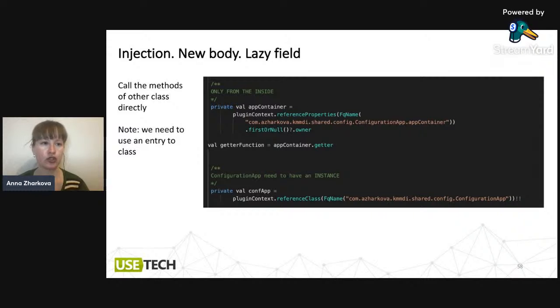So we could use just some kind of getter because we are inside, and this getter will be used as a receiver of our function.